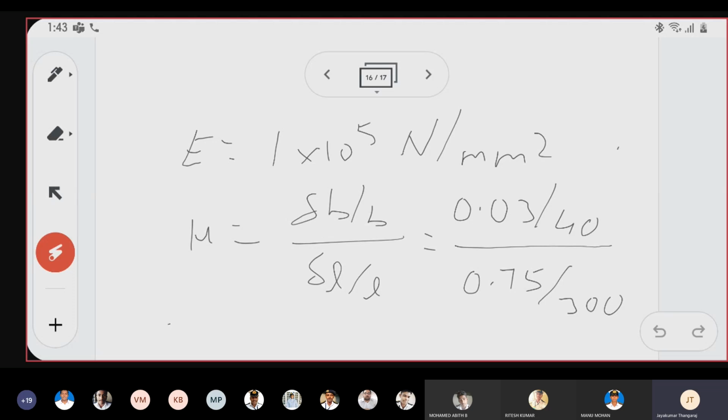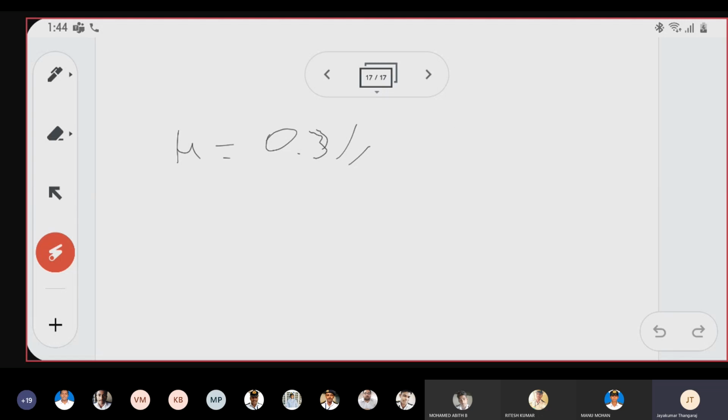Hence Poisson's ratio is 0.3. It has no unit, because both strains have no unit.